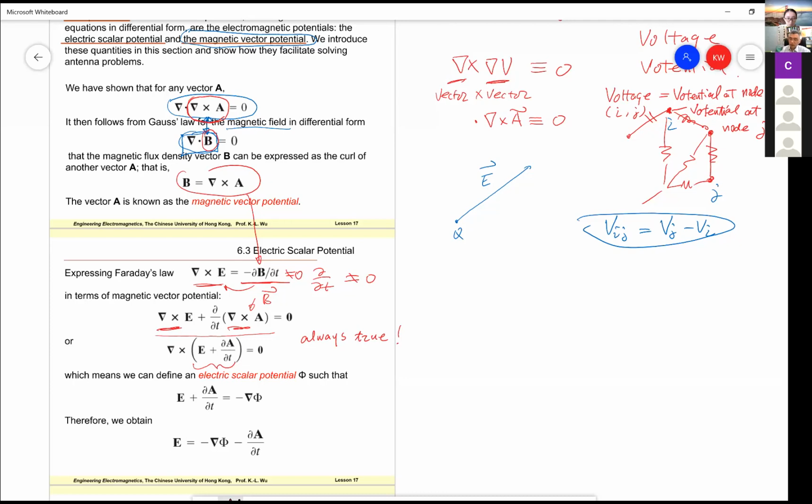So this can always be represented by the gradient of a scalar function. This function we officially define as the general electrical scalar potential function.